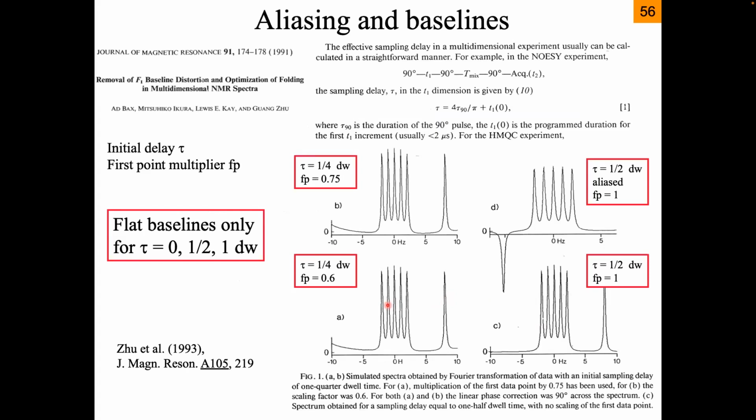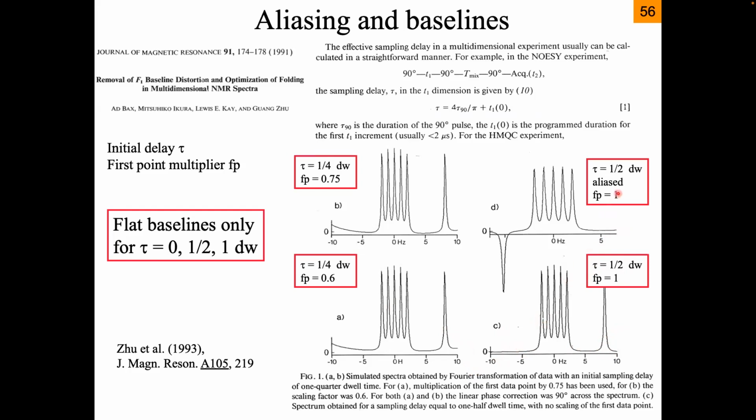Yeah? And here what was simulated is the case where you have a certain sweep width of a spectrum, and you acquired a full spectrum, and you set this initial delay to half of the dwell time, and you calculate a phase correction like I said before. You get a nice spectrum that is all in phase, and the first point was actually multiplied by 1.